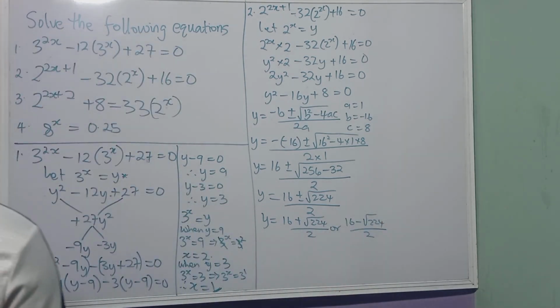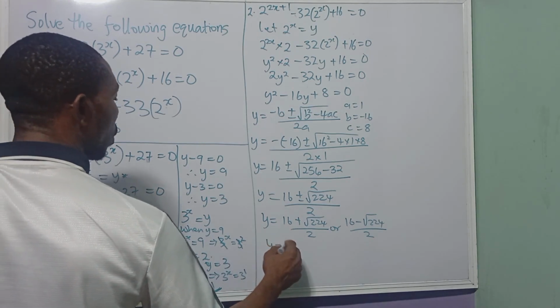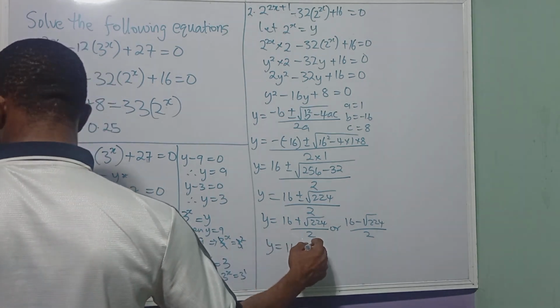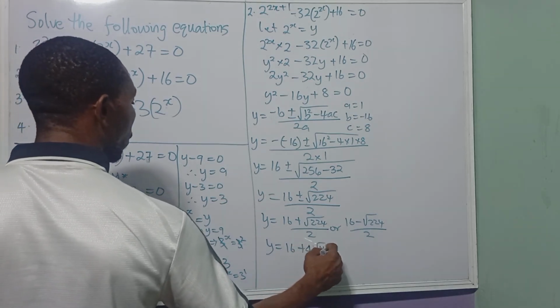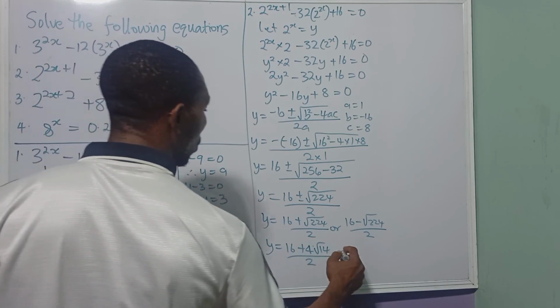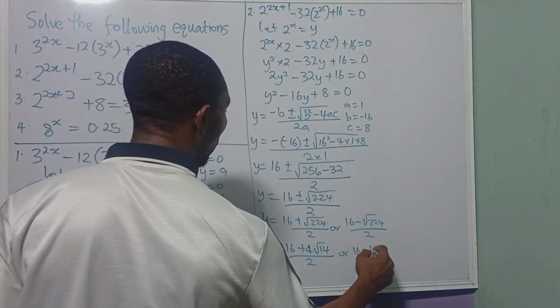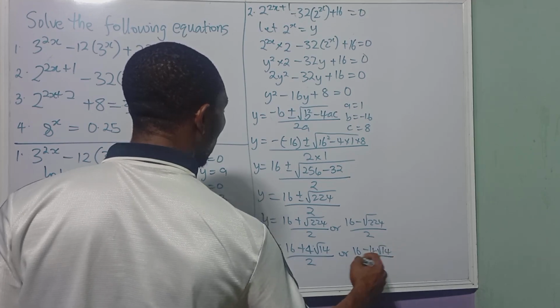Now if we simplify root 224, we have y equals 16 plus 4 root 14 over 2, or 16 minus 4 root 14 over 2.